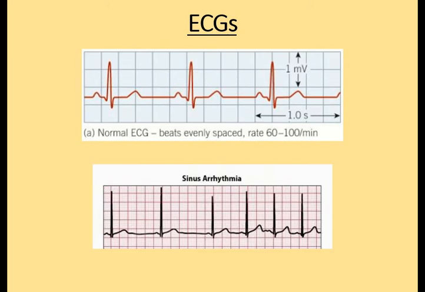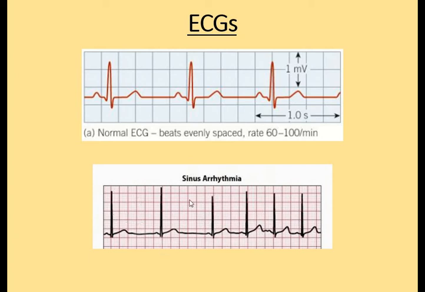Okay, next we have a very common condition here. It's called sinus arrhythmia, or respiratory sinus arrhythmia. What happens in this case is we've got variation in the gaps between heartbeats, and you can see that by longer gaps between the QRS complexes to begin with, and then shorter gaps.